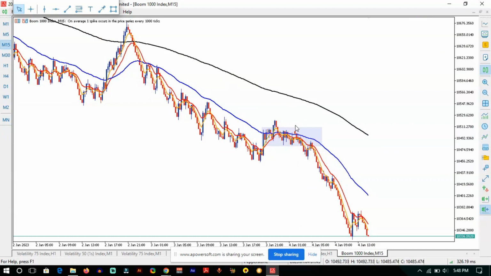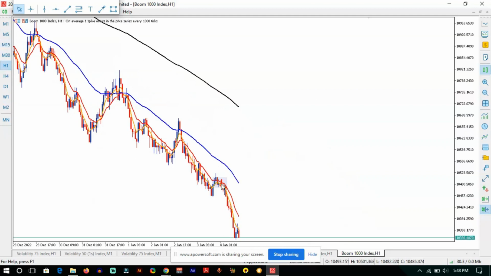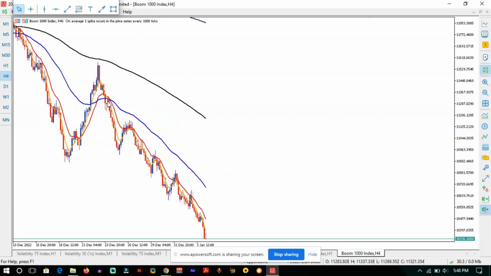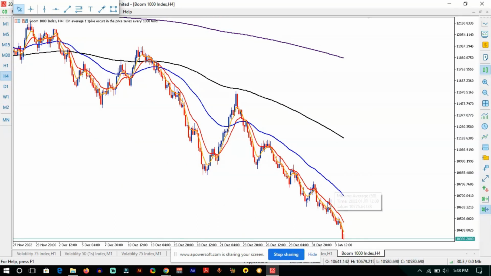Let me go on H1 and you see it's a retest on the 13. Now a retest on the 50 period on H1, which is the blue, is a retest on the 13 on H4. You see this part here, it is just down there.